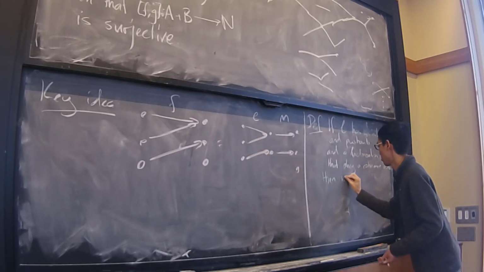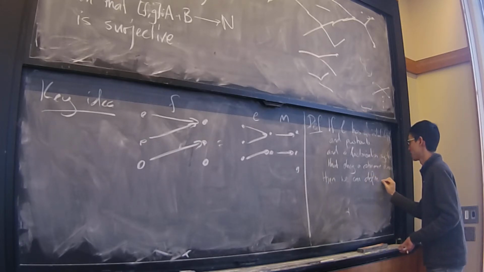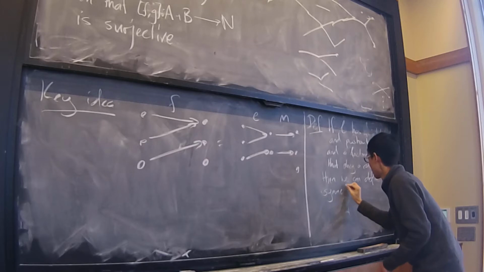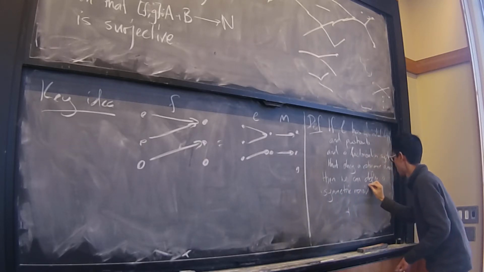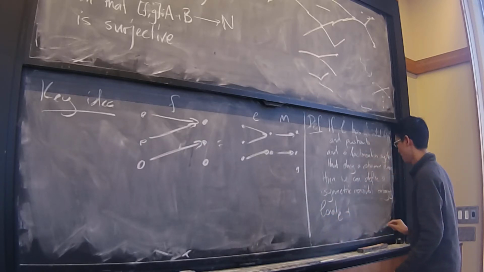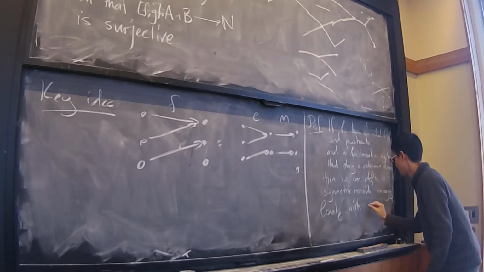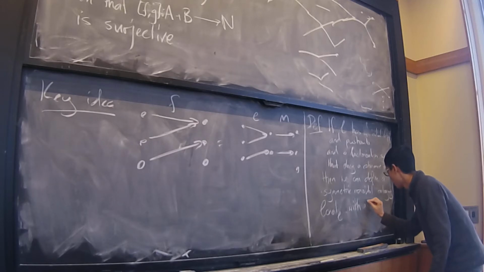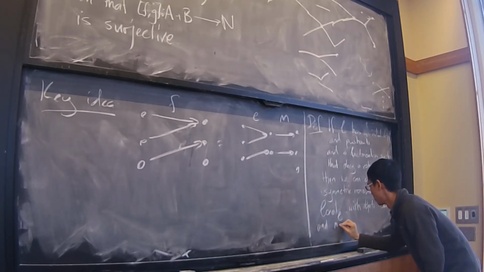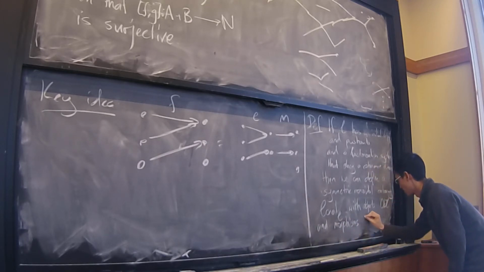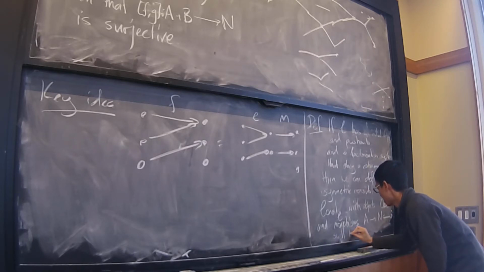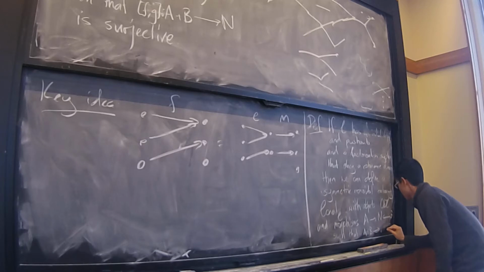Then we can define a symmetric monoidal category, which I'm going to call Corel sub C, with objects the objects of C, and morphisms cospans that obey this condition.